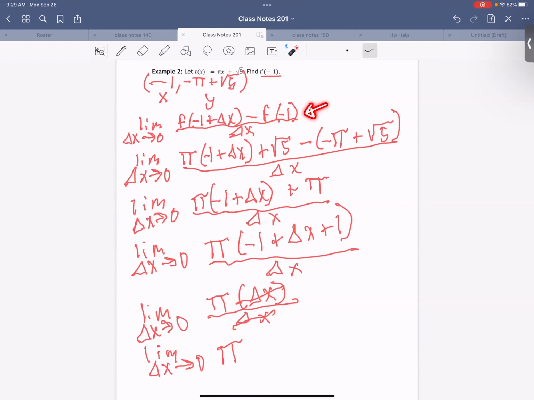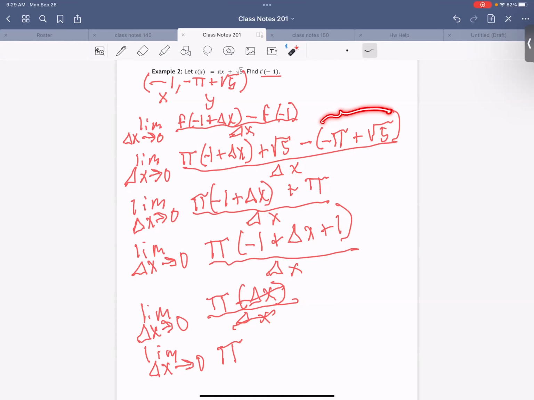And then after that, I plugged in what my f of x was, which would be pi times the quantity -1 plus change in x, and then plus √5, minus f of -1, which we know is negative pi plus √5.